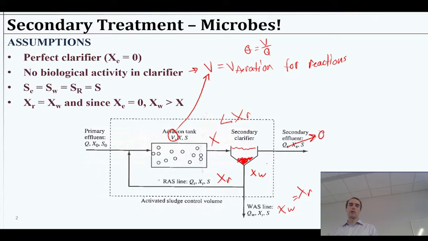That's what the clarifier is doing, right? So it would always make sense that whatever X we are recycling, going back to the beginning, is going to be a higher concentration. That's all written here already.